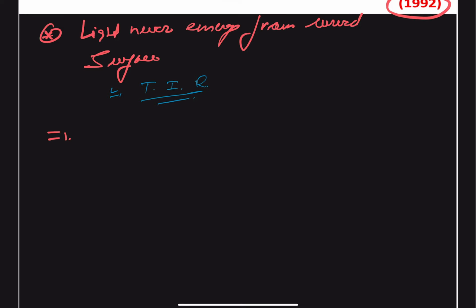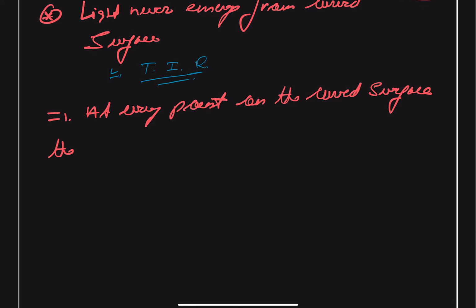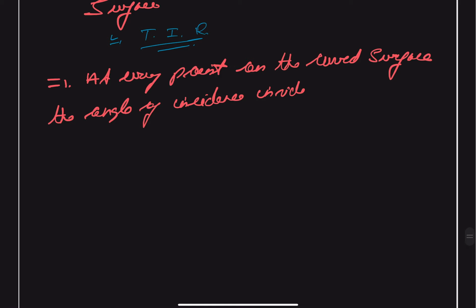So you can say that at every point on the curved surface, the angle of incidence inside the rod must be greater than or equal to the critical angle.